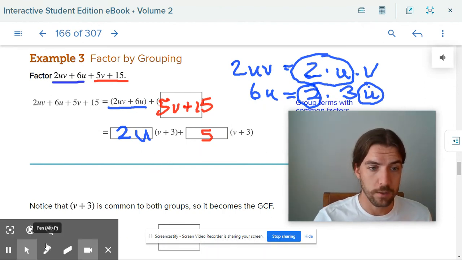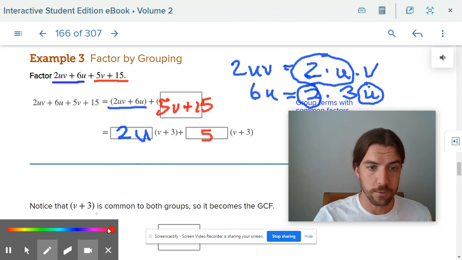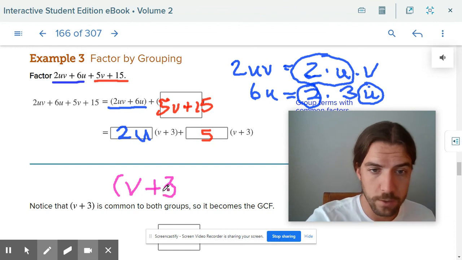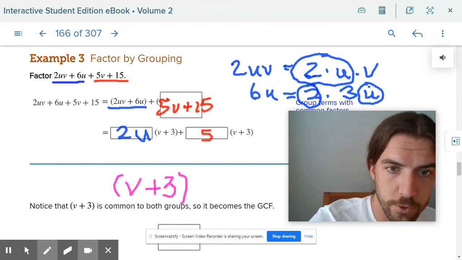So in the end, our fully factored answer is going to be v plus 3. And what was v plus 3 multiplied by? Well, it was multiplied by two different things.